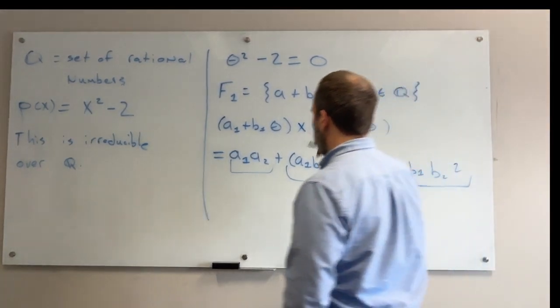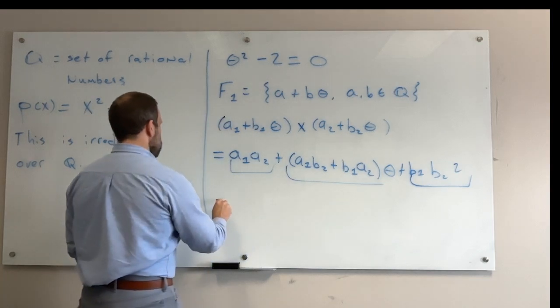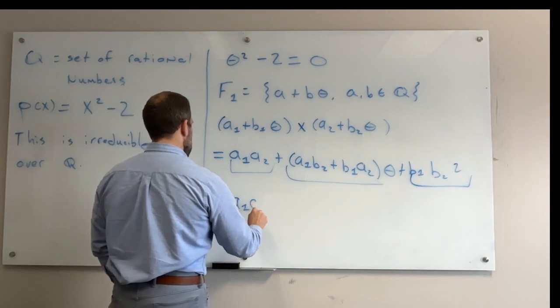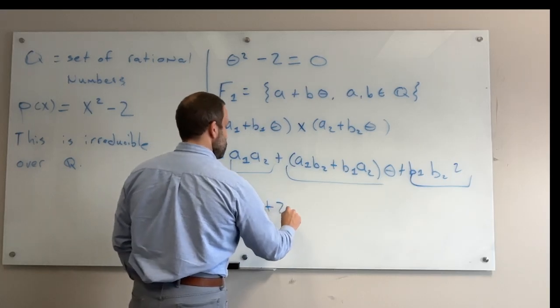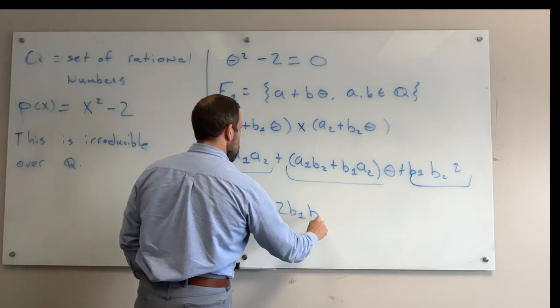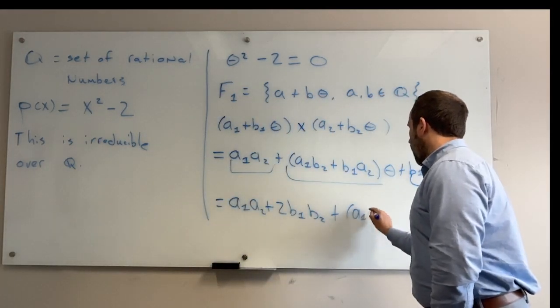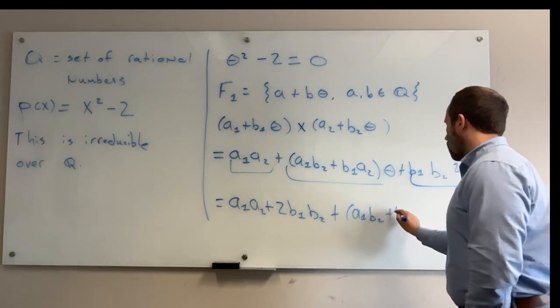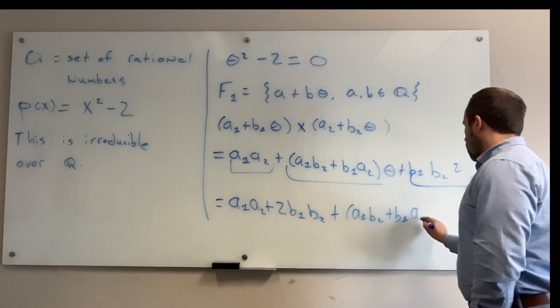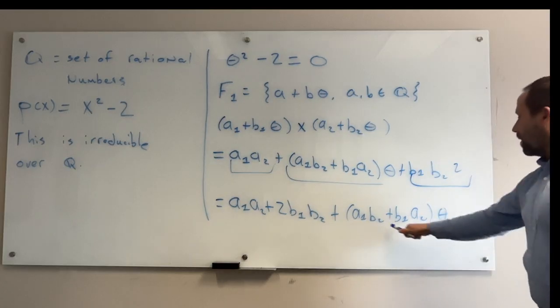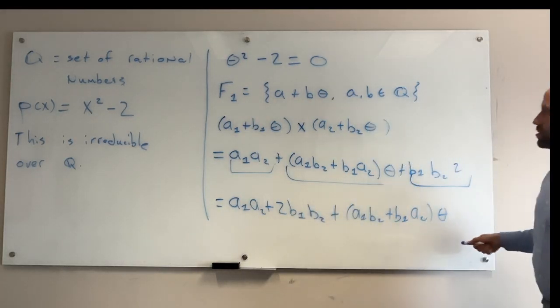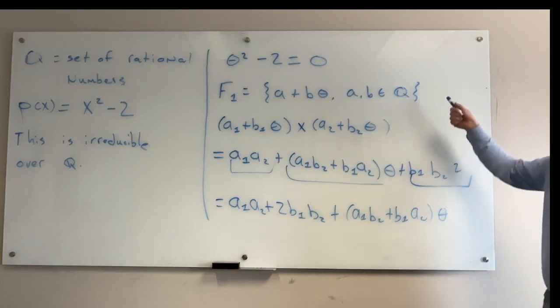And so to make it look more like what we have up here, we can write this as a1 a2 plus 2 b1 b2 plus (a1 b2 plus b1 a2) theta. This is a rational number plus a rational number times theta. And so this is our field.